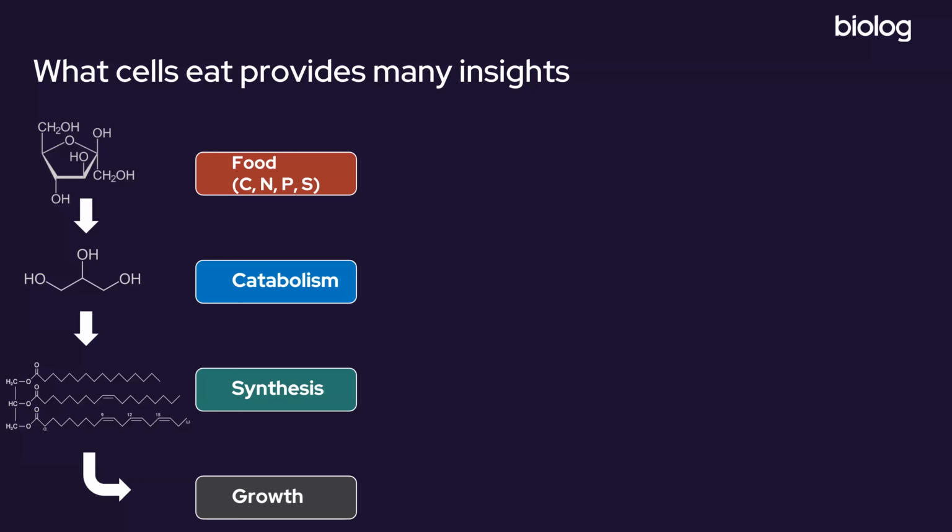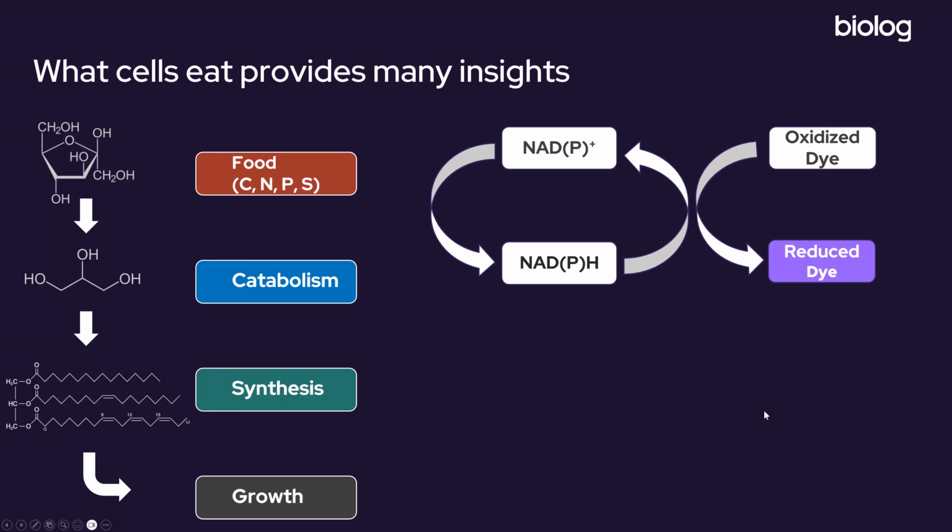At the core of this technology, we look at what cells can metabolize or eat. The food sources in this case are chemical substrates that are made of these basic building blocks. And I'm sure you know that breaking down these macromolecules is controlled by enzymes, and many of these enzymes need cofactors like NADPH to turn over their substrates.